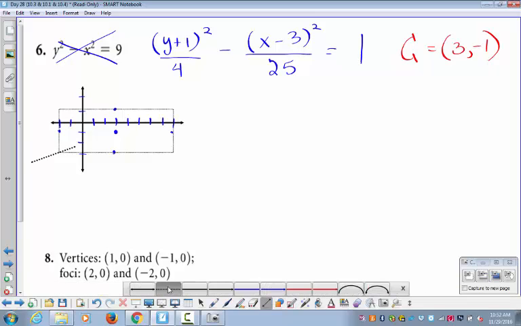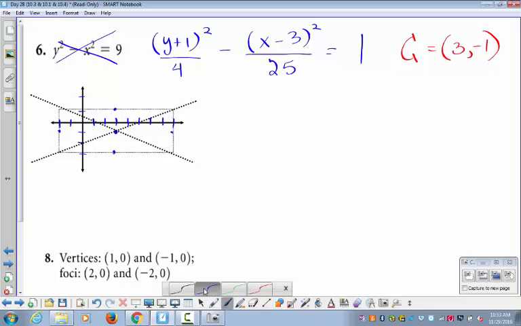And does it open vertically or horizontally? Vertically, yes. Nice wide hyperbola. For the foci, you add or subtract the denominators.